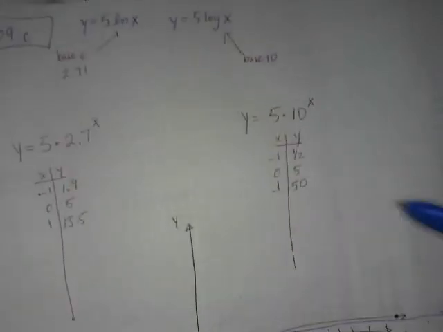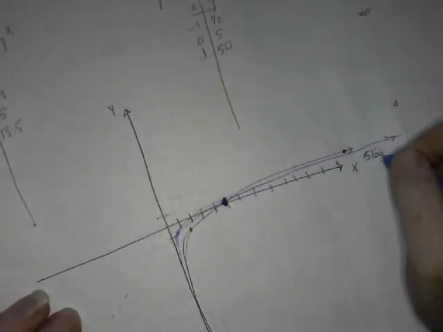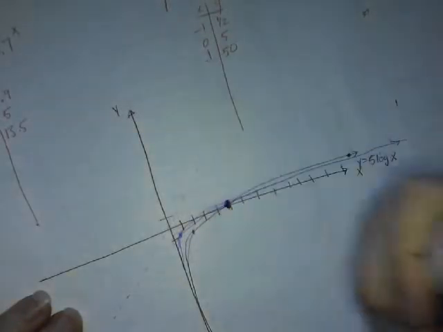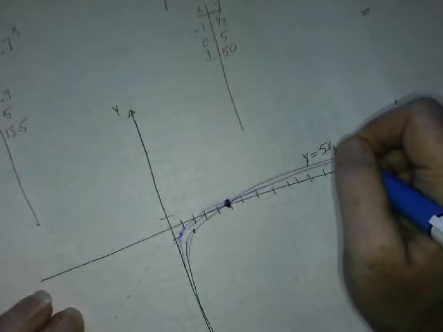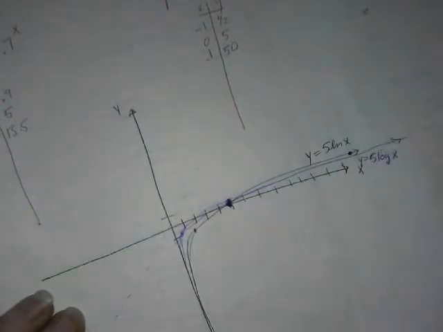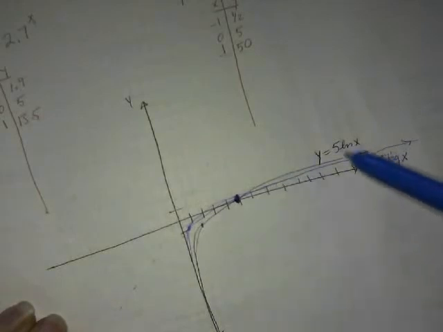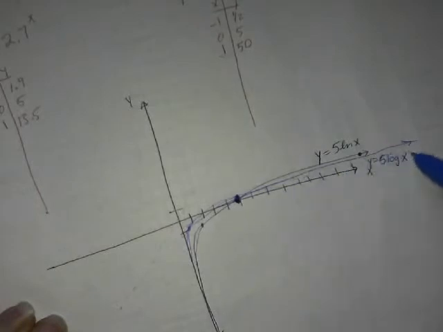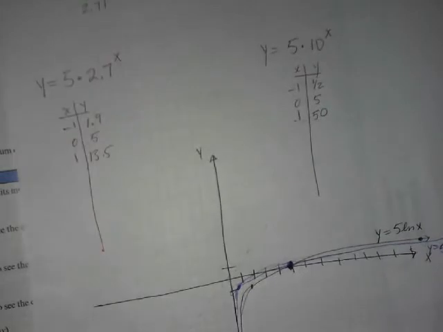So this is the graph of 5 log x. And this other one, it's supposed to be in black. This is 5 ln x. I didn't give you a lot of these, and I guess you can probably see why. But we do want you to know that the bigger the base, the lower the graph if it's a logarithm. Okay, and so that's what they're wanting us to answer.